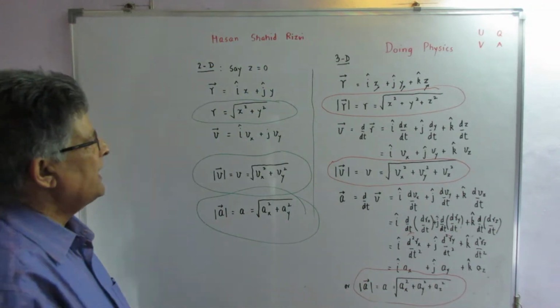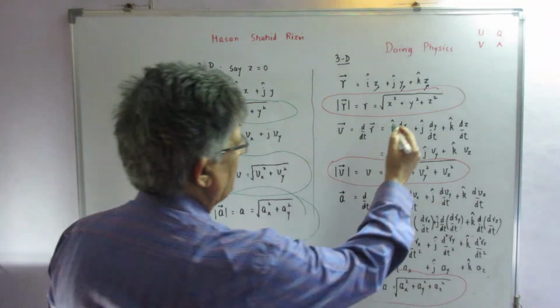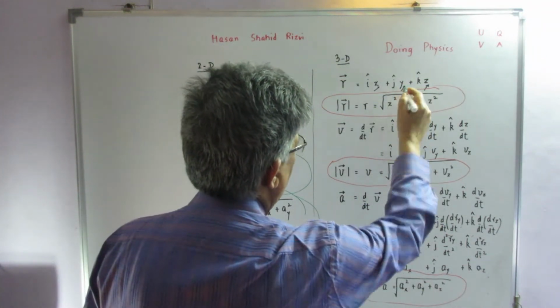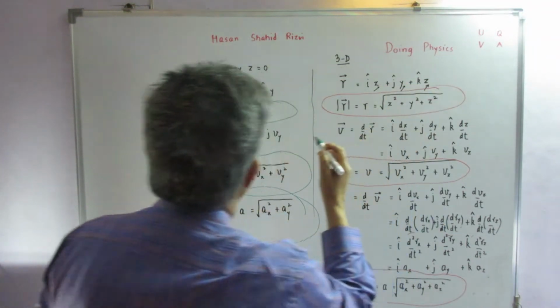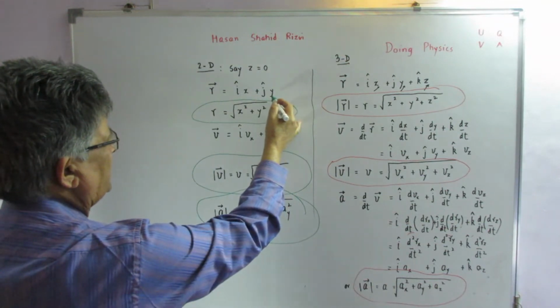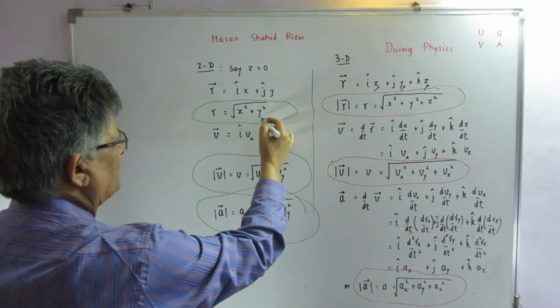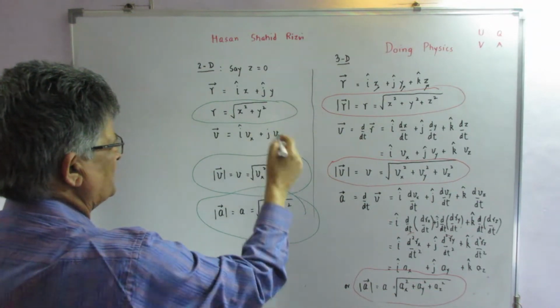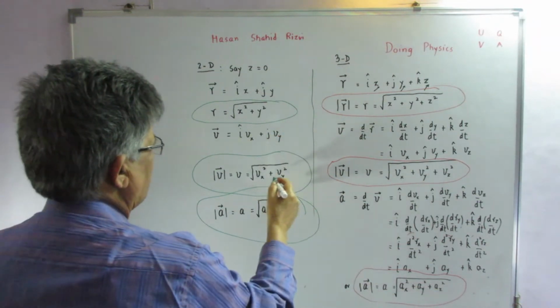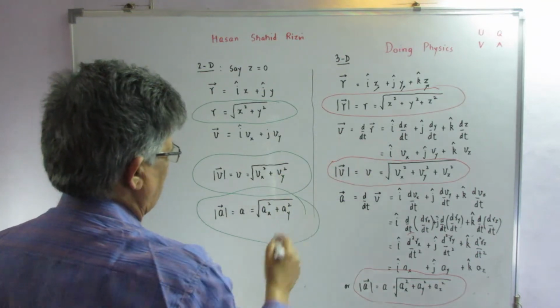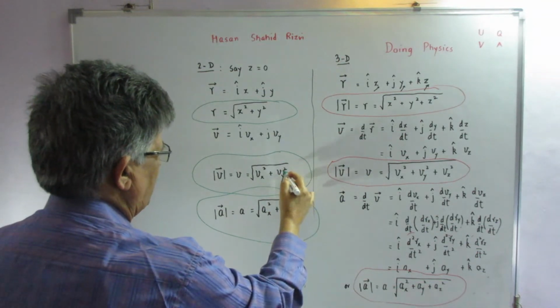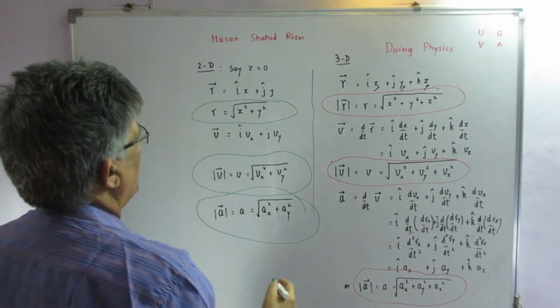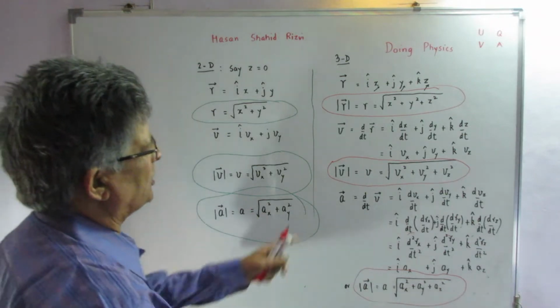Suppose we take y equal to 0 here, with x and z. Then I can write for y just z. So I have this z square, I have vz over here, vy will be missing, and I'll get this square equal to this vz square here. r I can just ignore.